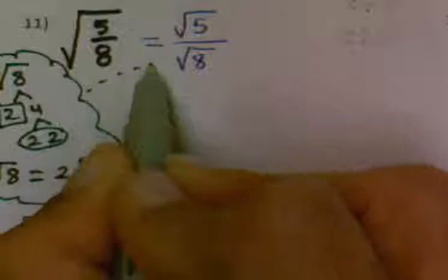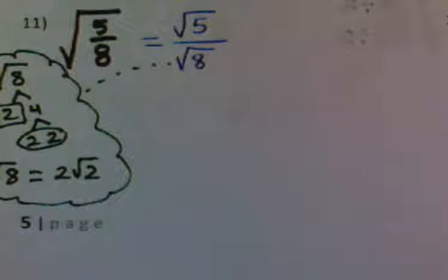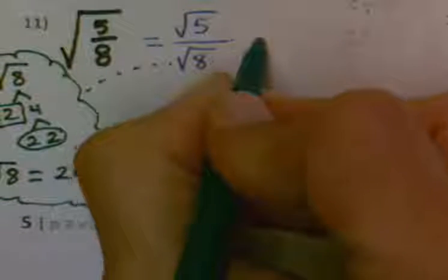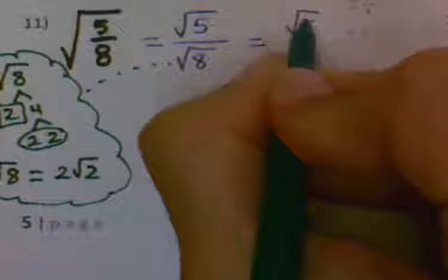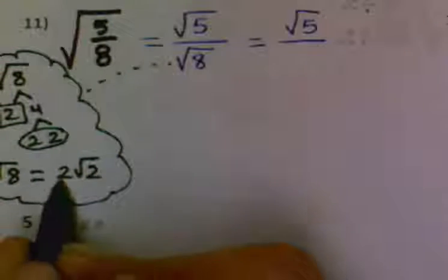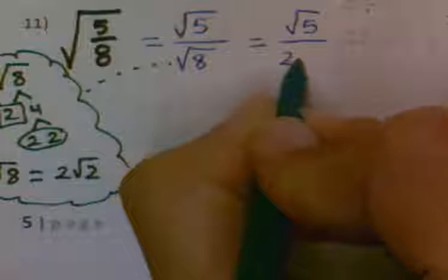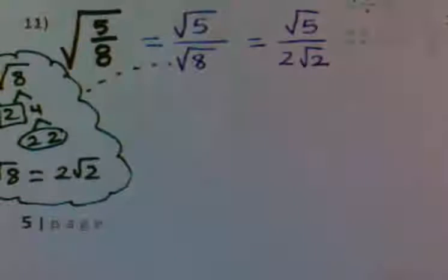Okay? So what I'm going to do here is I'm going to rewrite with the square root of 5 on top, and then instead of root 8, I'm going to write 2 root 2 on the bottom.